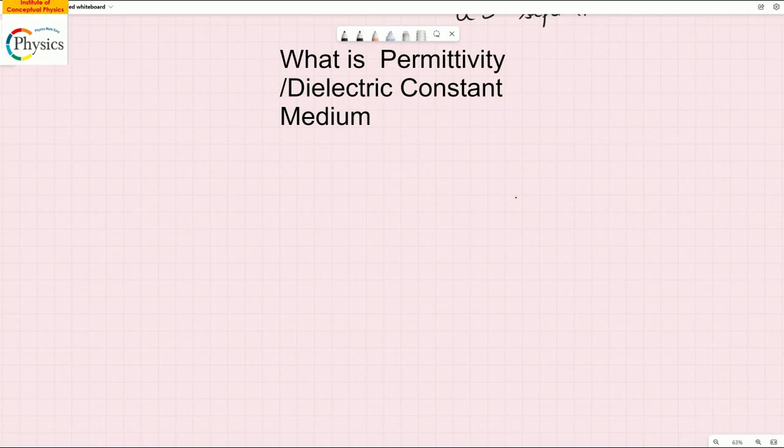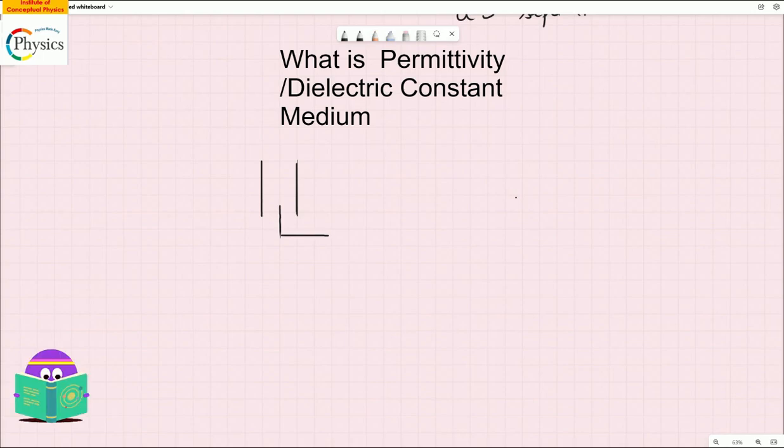If you have a parallel plate capacitor like this, what you see in front of you as a diagram is generally vacuum or air in between these two plates. Vacuum or air, one and the same thing.